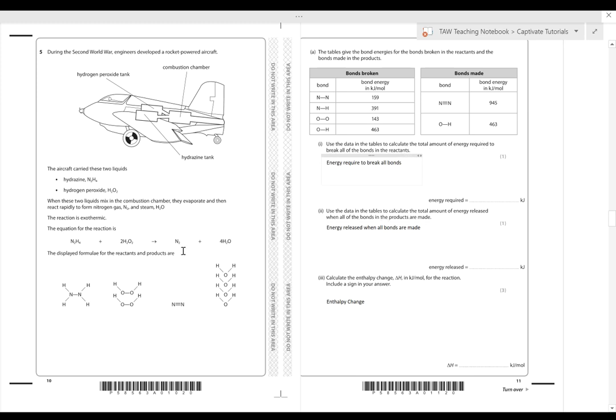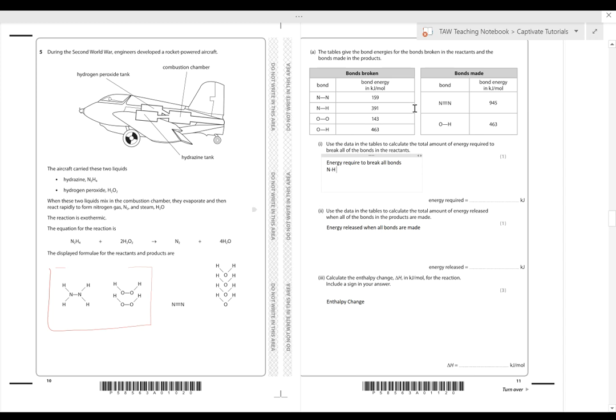So our reactants are here, this molecule here, N2H4, and hydrogen peroxide, H2O2. So bonds that require breaking, let's work through them logically, are N-H bonds, and there are 1, 2, 3, 4 of them.